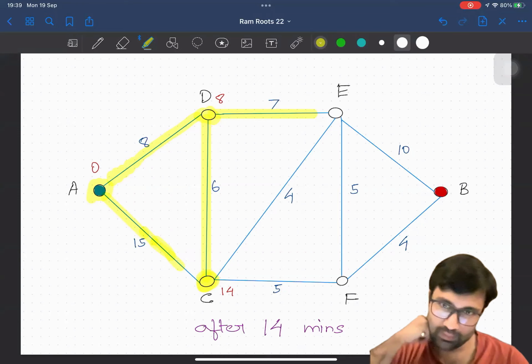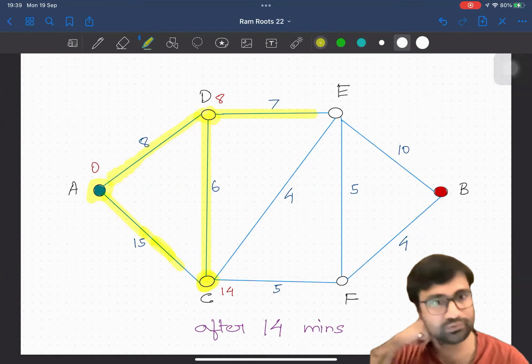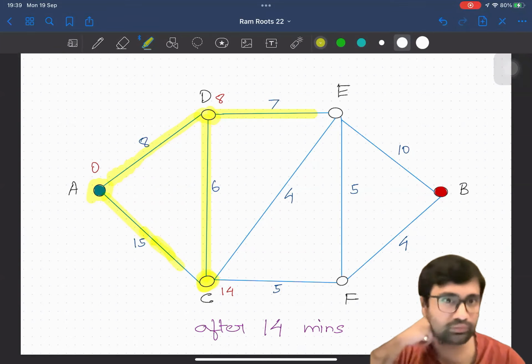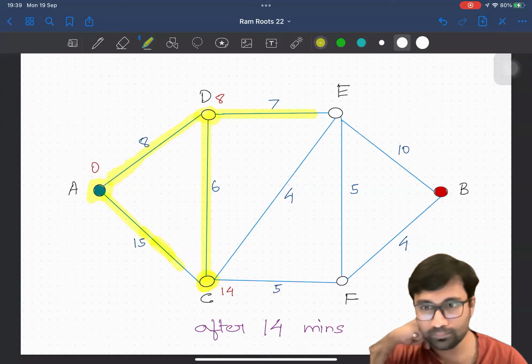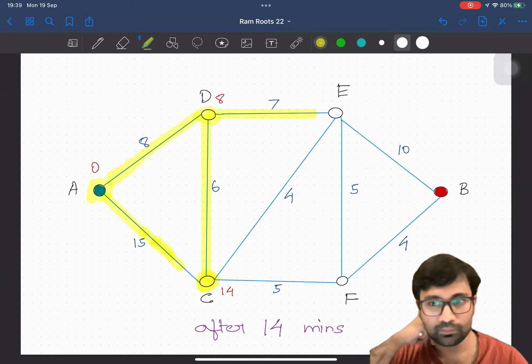So does everyone understand this? Is it clear to everyone, or is someone not convinced or confused? I'm clear, sir. Everyone is convinced, right?